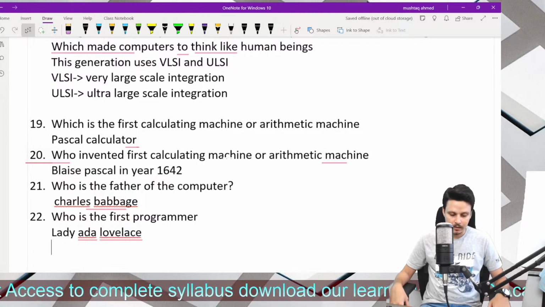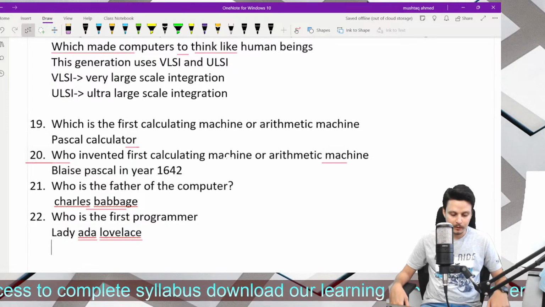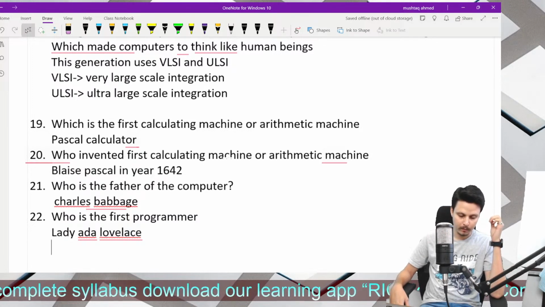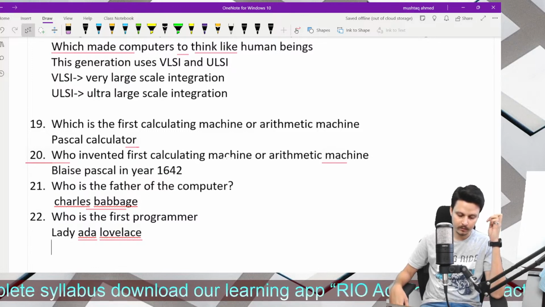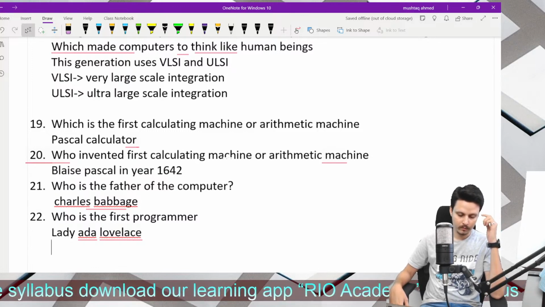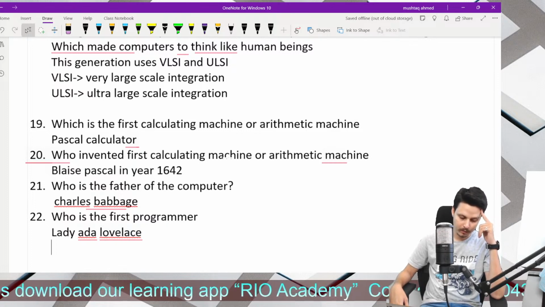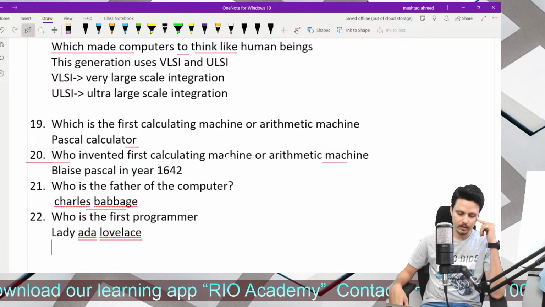Which engine is developed to perform differential equations?